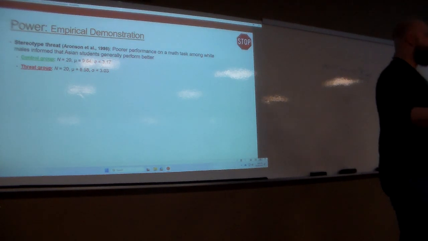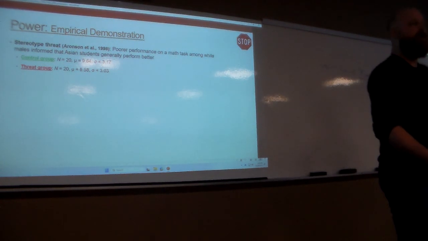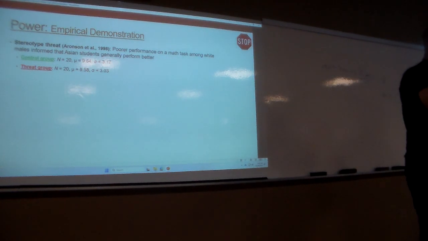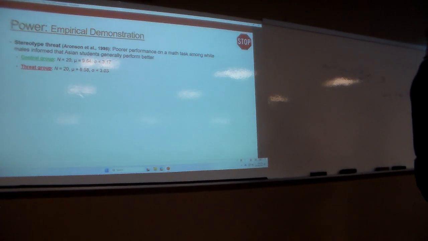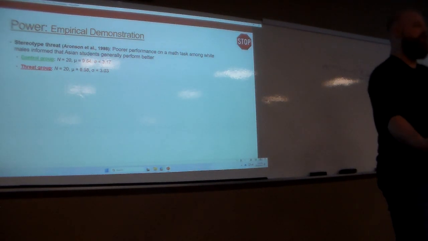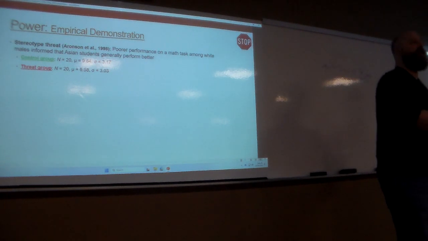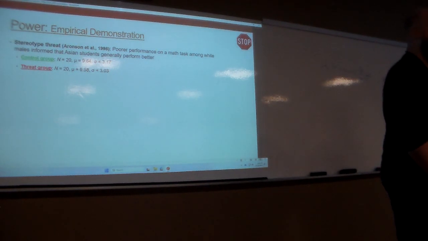But what they do is they have some subset of men just complete the math test task and go ahead and let them do it. But then they're going to have a threat group, right? And for this threat group, before they let people go through, they say, oh, by the way, Asian students generally perform better on this test than you will, right?